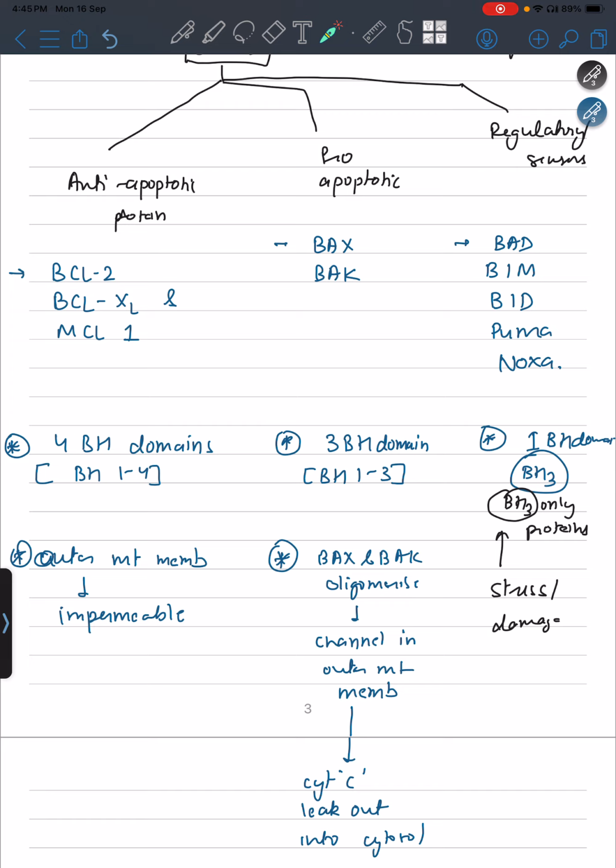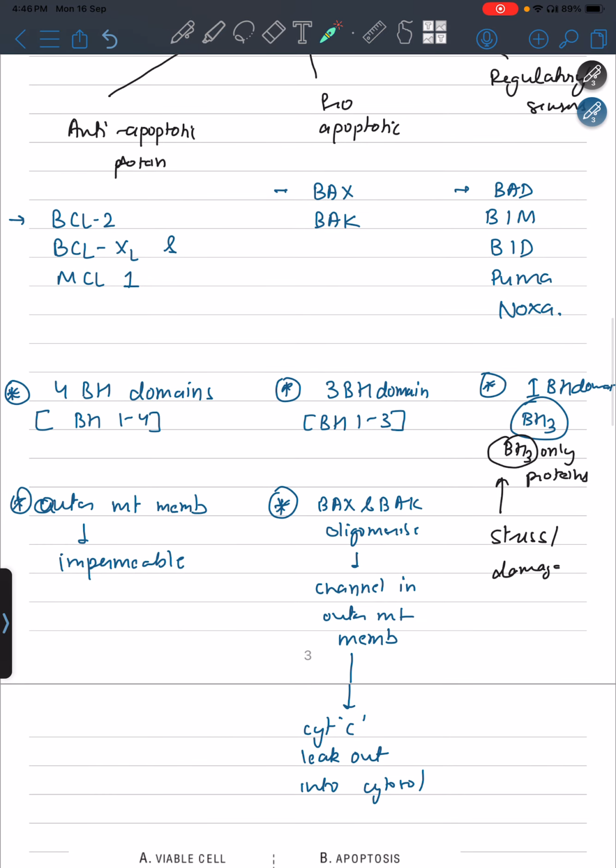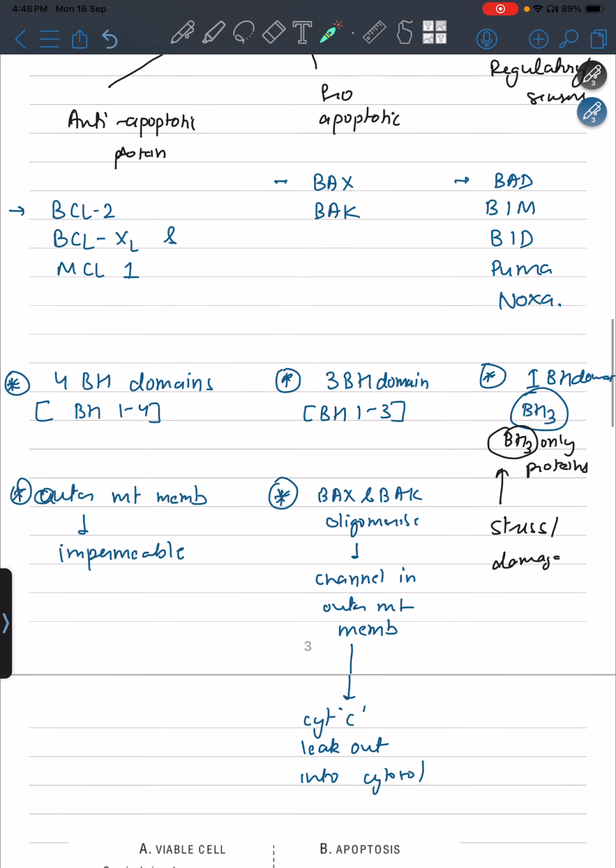Now, the activity of these BH3 only proteins can be modulated by any stress or damage to the cells, and hence they act as sensors. These anti-apoptotic proteins are present in the outer mitochondrial membrane and make it impermeable and thereby prevent apoptosis.